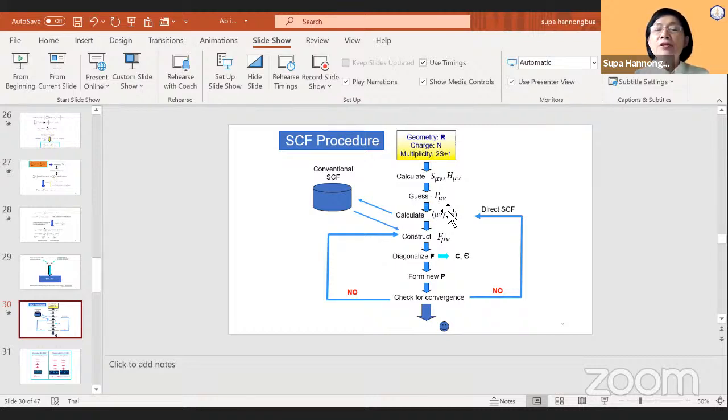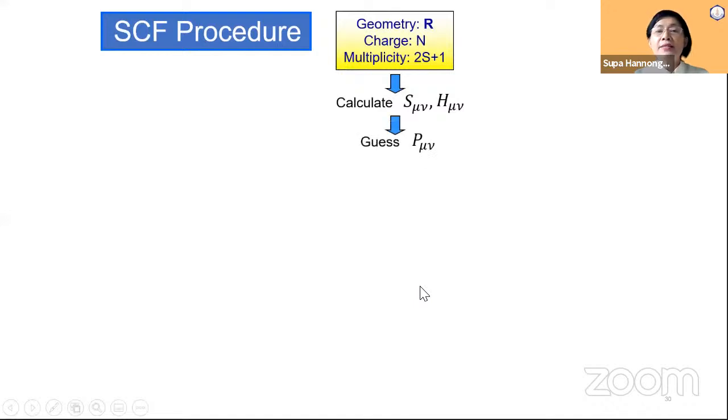And finally, calculate the two electron integral. This is the step, right? Calculate the two electron integral and construct the new Fock matrix.